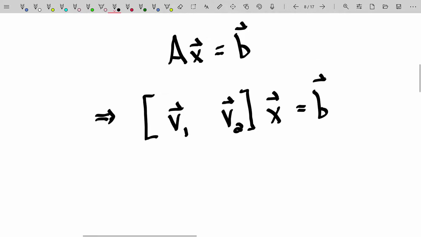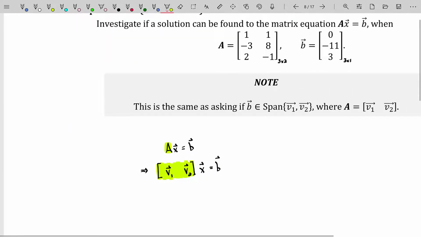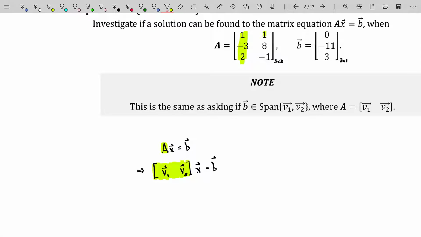Notice all I did here is change the matrix A into this version of the same matrix, writing it with its column vectors. So this is a 2-column matrix, just like the matrix up here. V1, the column vector, will be 1, -3, 2. V2, again the column vector, will be 1, 8, -1.